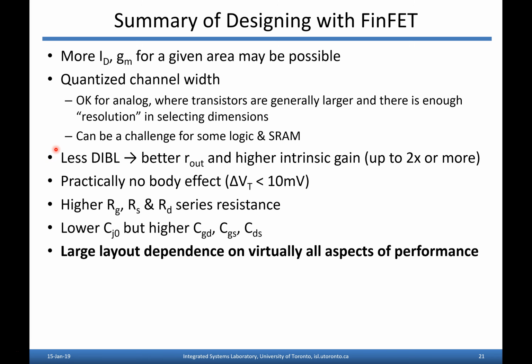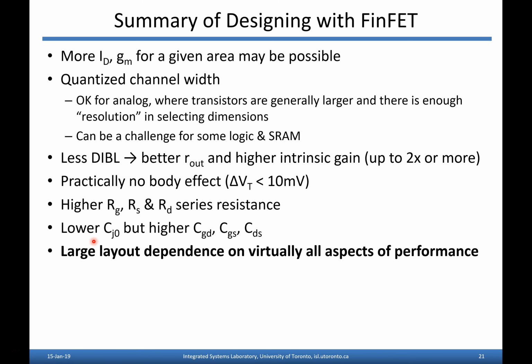But it can be a bit of a problem for some logic and SRAM design where you're trying to minimize sizes so much. You've got less of a DIBL effect, so that means higher RDS, higher intrinsic gain. That's nice. Basically no body effect, so the effect is less than 10 millivolts. You can basically not worry about it. But you've got all these higher series resistances that need to be taken into account.